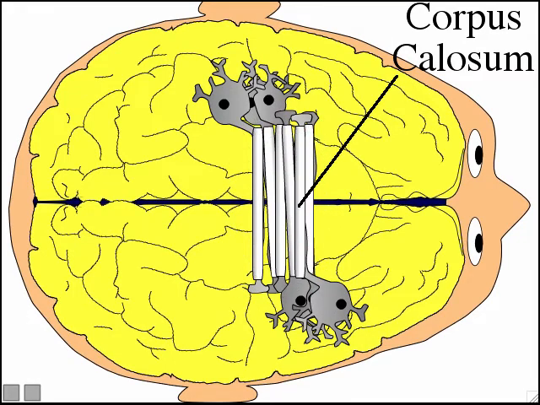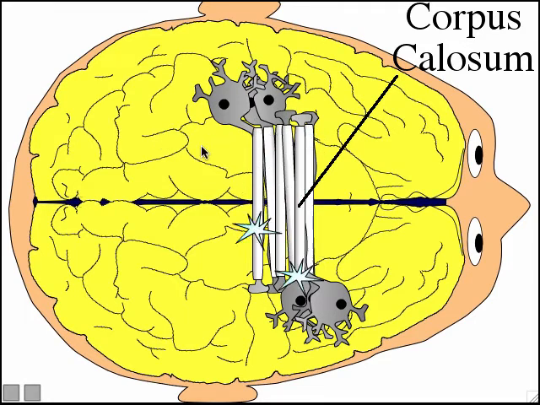Incidentally, callosum means white, like chalk-like, because it's white matter. It's myelinated axons. All right, very good.